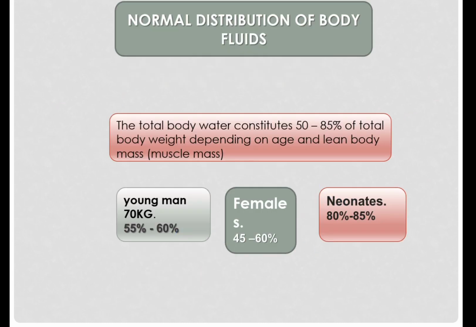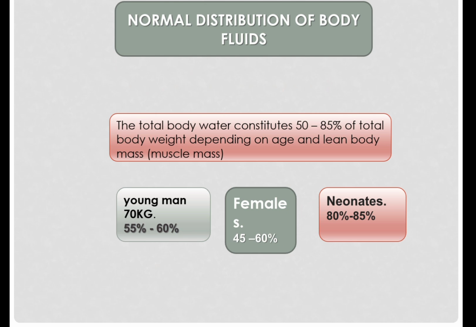The normal distribution of body fluid: total water constitutes 50 to 80% of total body weight, depending on age and body mass or muscle mass.